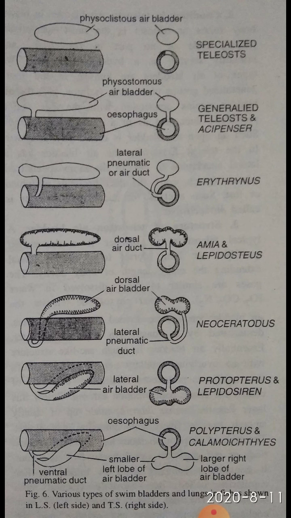In Polypterus, a member of Chondrostei, one of the most primitive bony fishes living today, it is a smooth-walled bilobed sac with a short left and long right lobe.